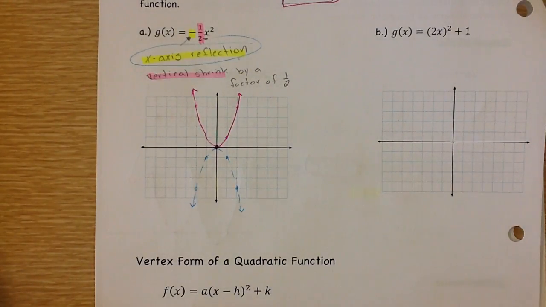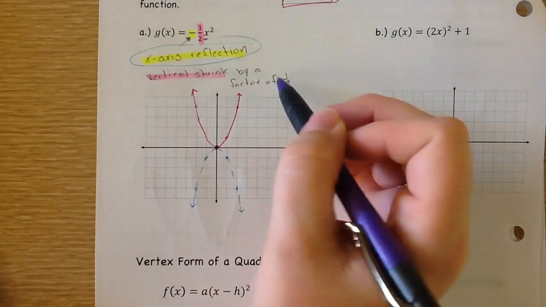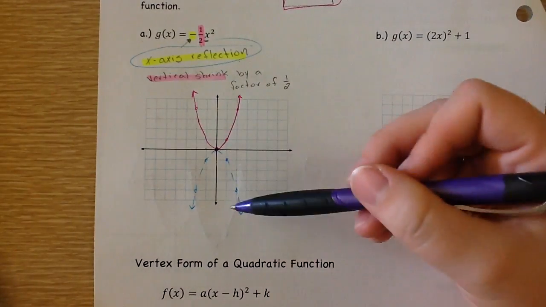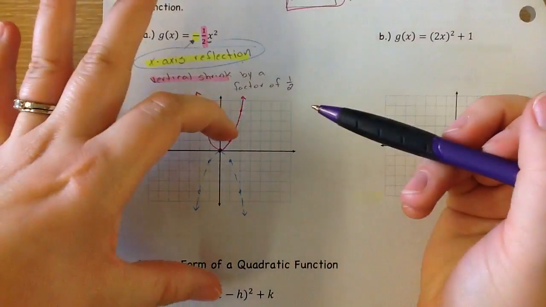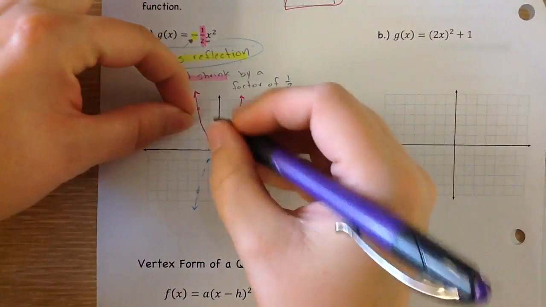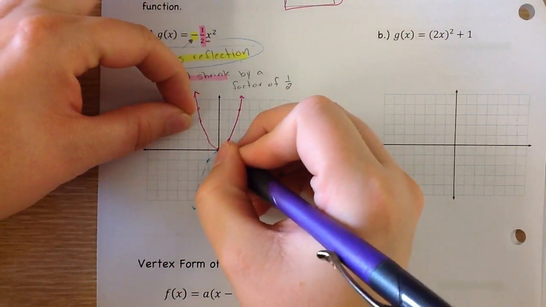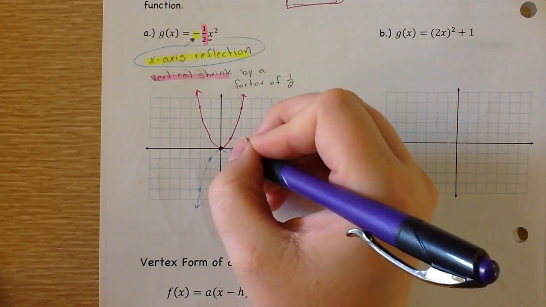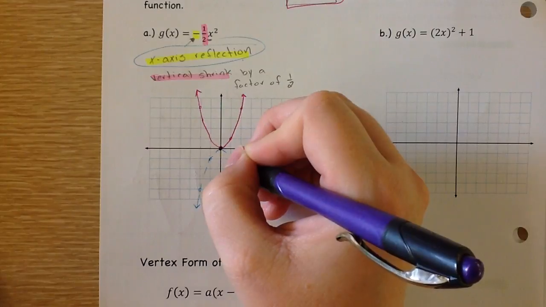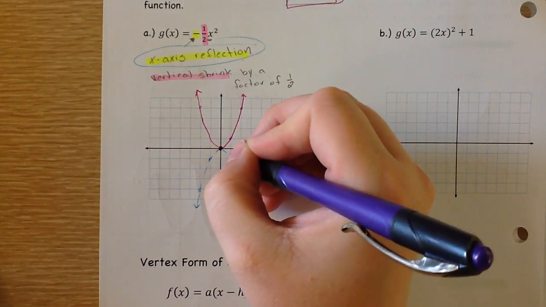Okay. All right, but now I want to shrink it vertically, meaning I want to move all these points half the distance away from this x-axis. I want to shrink them all in. So instead of being, well, 0, 0 is already on the axis. I can't shrink that at all. But instead of being at 1, 1, I need to pull it in halfways. So it's going to have to go here.